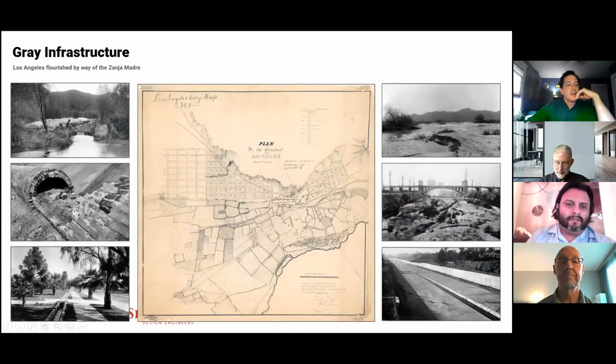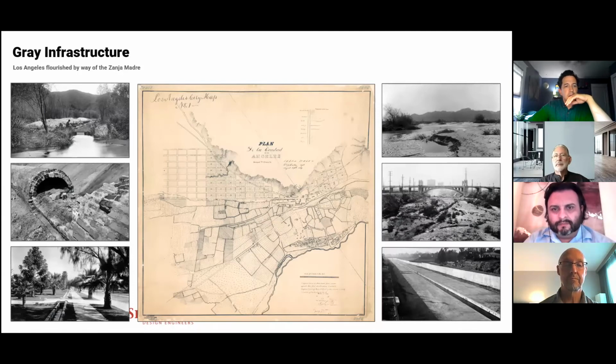All right. So from the historical perspective, looking at the birth of Los Angeles, the beginnings of LA were agrarian roots that began where, as was mentioned earlier, there's water, there's development, there's growth. Really, the Sangha Madre was the beginning of the city.